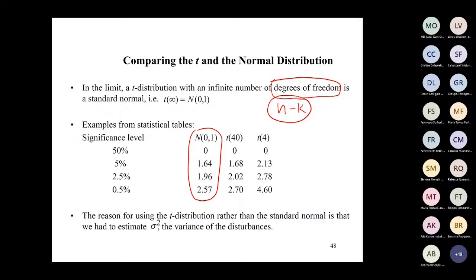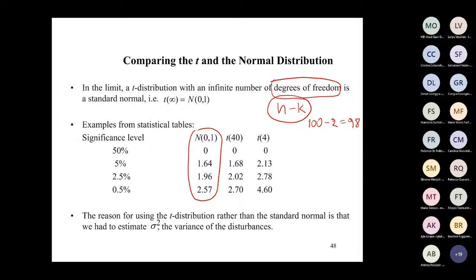So if I have 100 observations and I'm estimating 2 coefficients, my degrees of freedom are going to be 98: 100 minus 2. So this is the degrees of freedom.